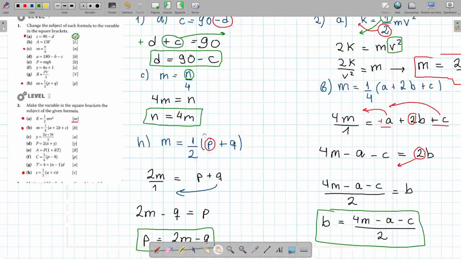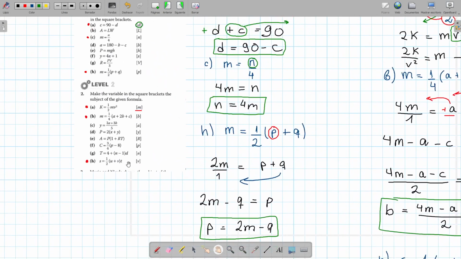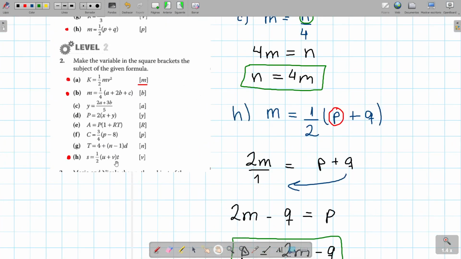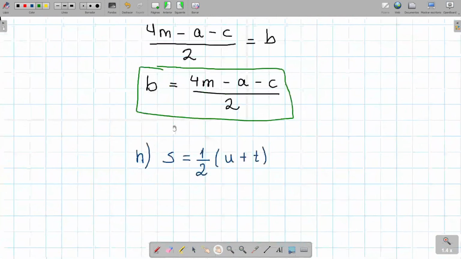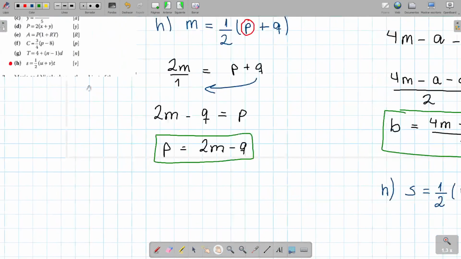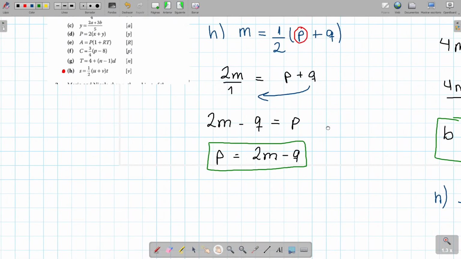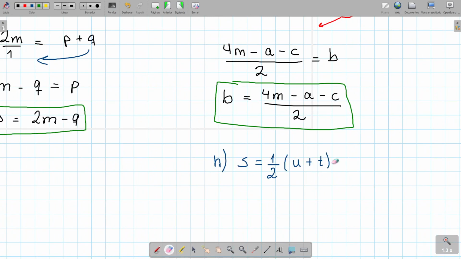Now we have h. As you can see, we have to solve for b. Here I forgot that we have b and t as well.